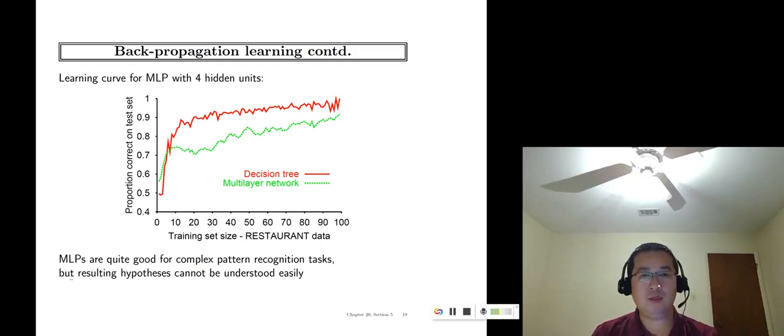But the resulting hypothesis cannot be understood easily. This means even if the model performs well, you don't know how to explain it to others. This is still a problem. Sometimes we get much better performance, but just because it does a lot of nonlinear transformations.